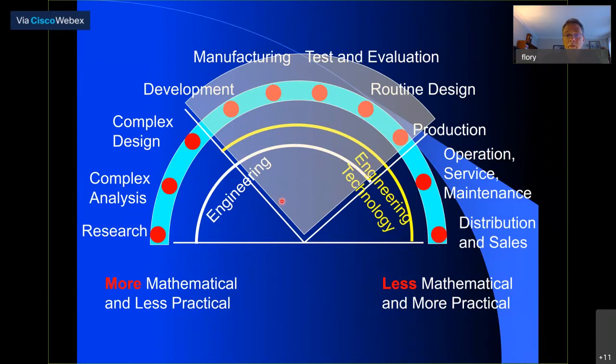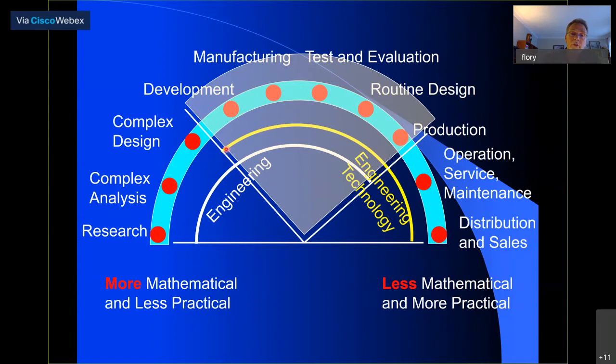Okay. You can obviously see that we have this wedge in the middle where you see a great deal of overlap. And so these are traditionally and very commonly areas where engineering and engineering technologists overlap and perform the same functions. Usually production, routine design, test and evaluation, manufacturing, and even product development and system development would fall into those categories.